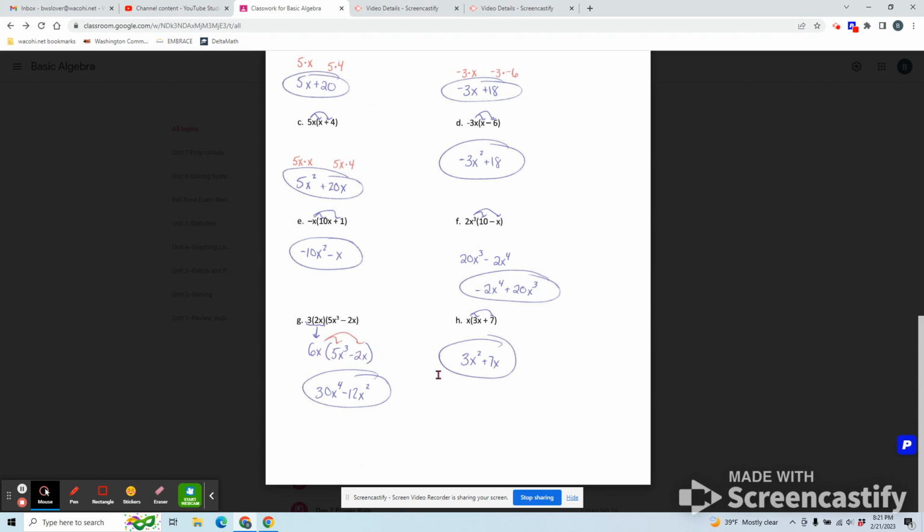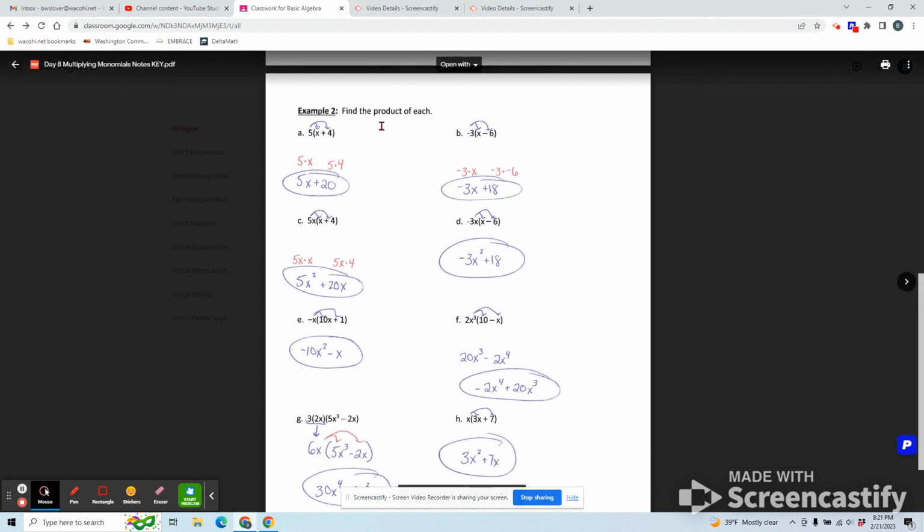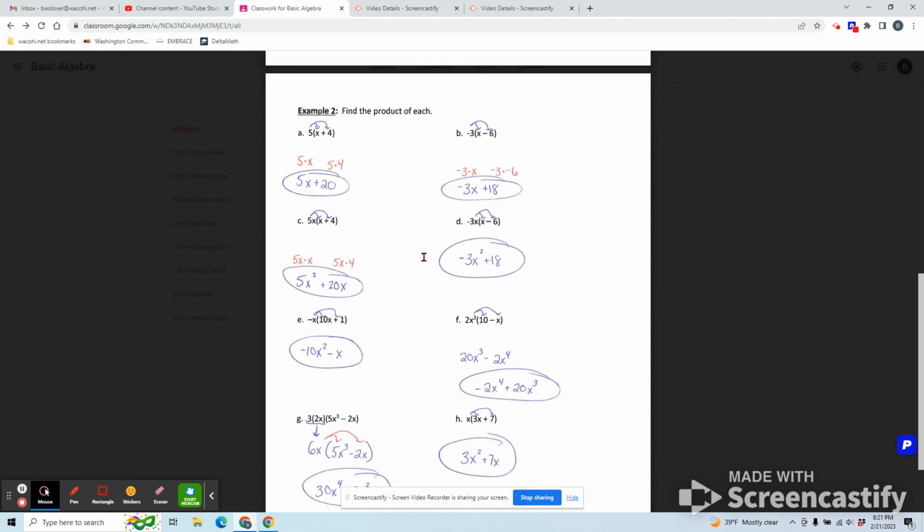Every answer is in standard form. My largest degree is first, and then the next one after that, so on and so forth. So when you are finding the product of each, you are distributing. These arrows are there to help guide you to get the correct answer. Multiply your coefficients, add your powers if they have the same base.